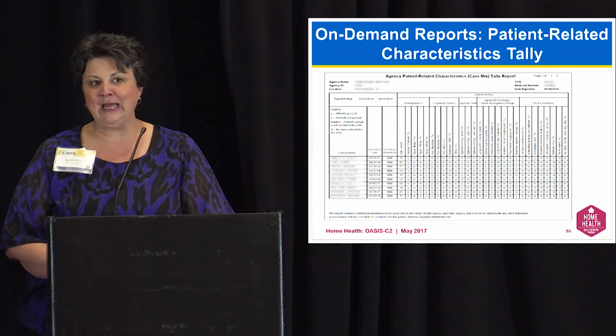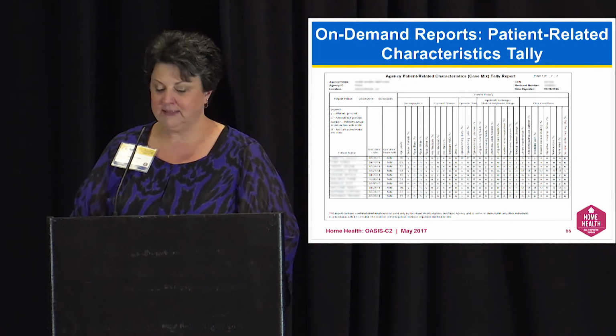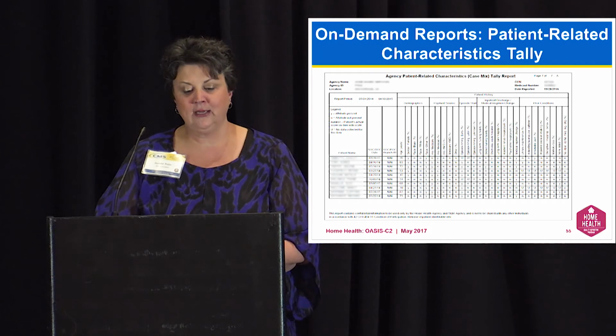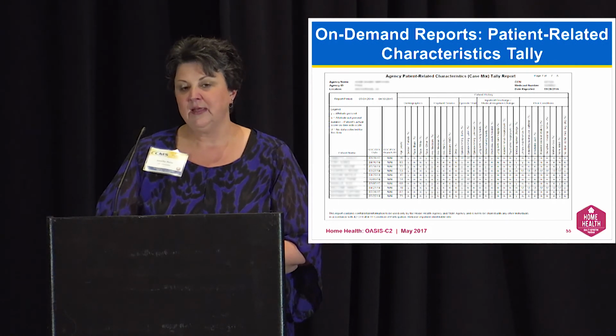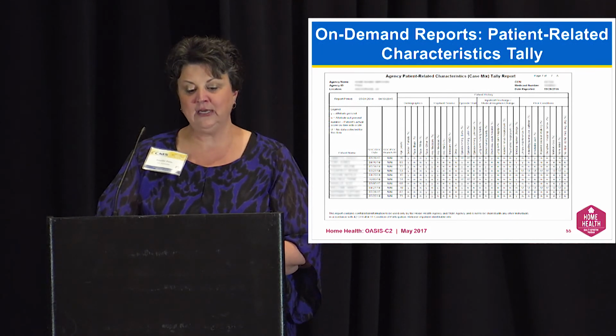There's Ys and Ns, so yeses and nos, in here. A Y indicates that a particular characteristic was present, and an N indicates that the characteristic was not present. If there's a dash, it means that the data are not available.